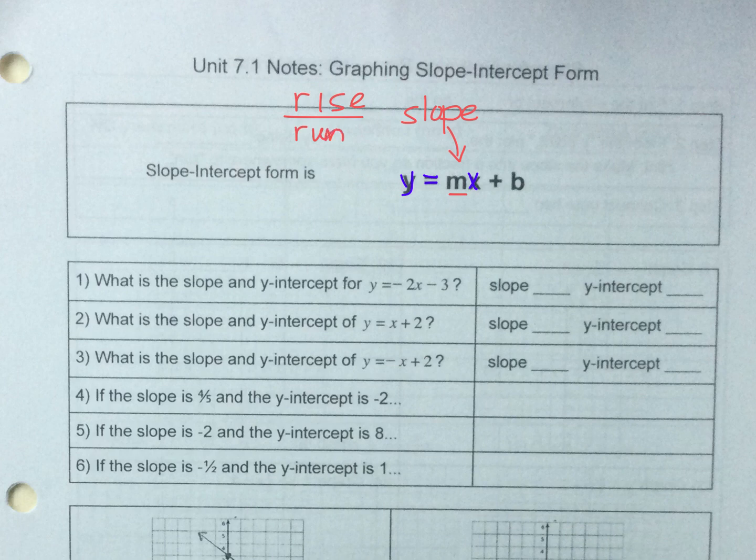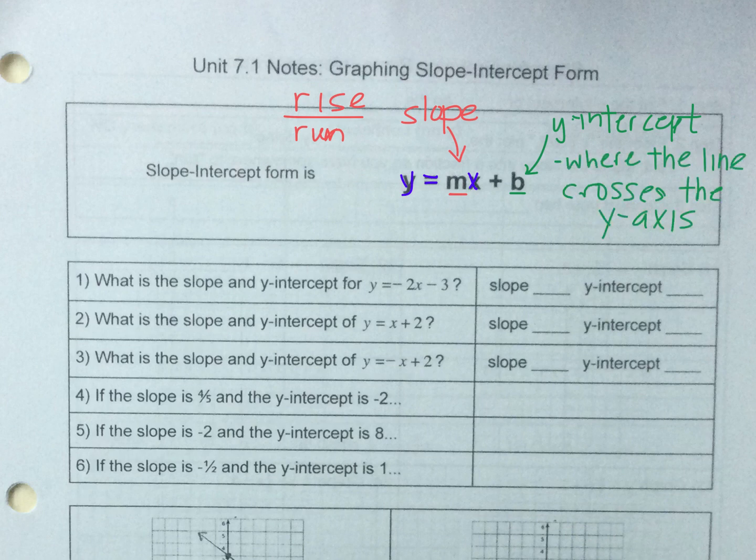And then our b is also going to change. This is what we call our y-intercept. What y-intercept means is where the line crosses the y line. This is also our starting point when we graph.